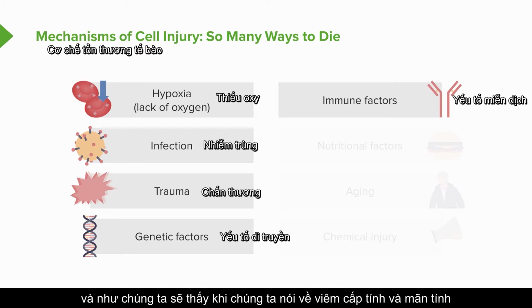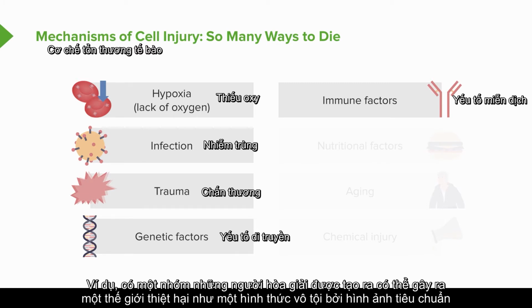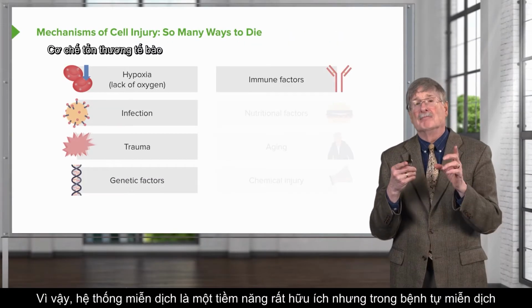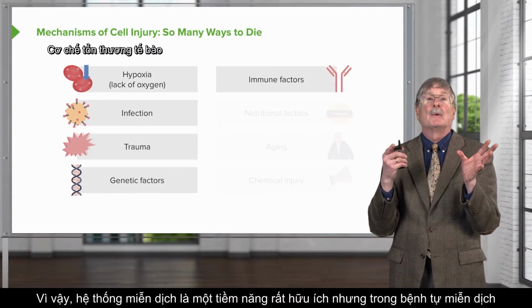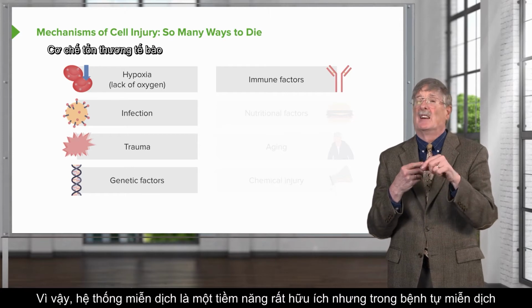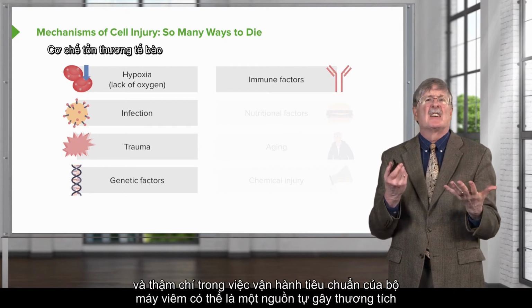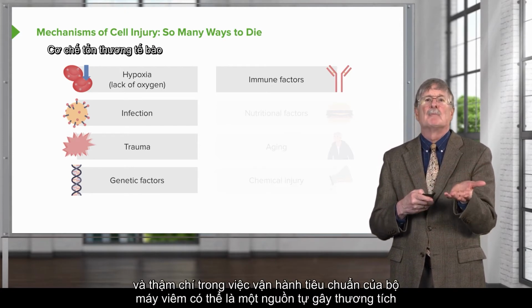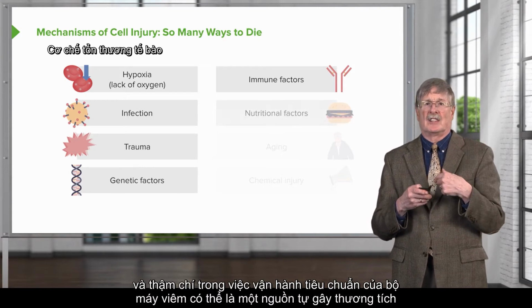And as we will see when we talk about acute and chronic inflammation, for example, there are a bunch of mediators that are made that can cause a world of damage as kind of innocent bystander damage. So the immune system is potentially a very useful thing, but in autoimmune disease and even in standard run-of-the-mill inflammation can be a source of cell injury.